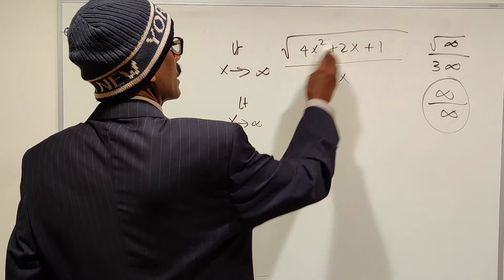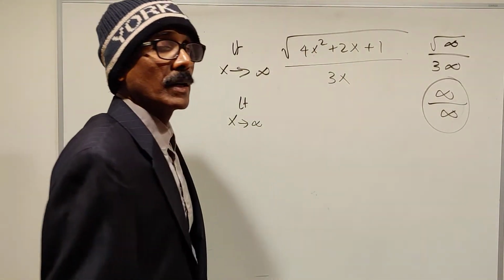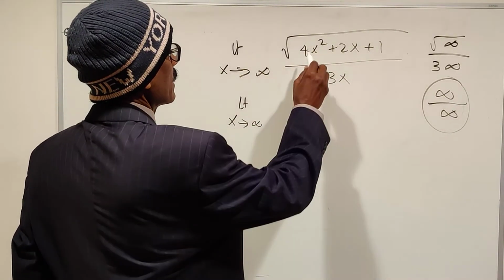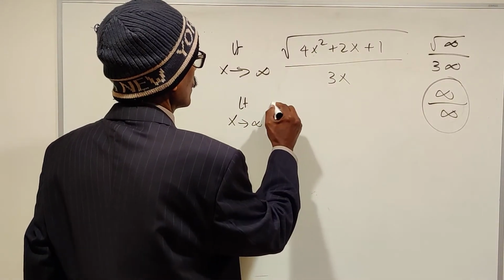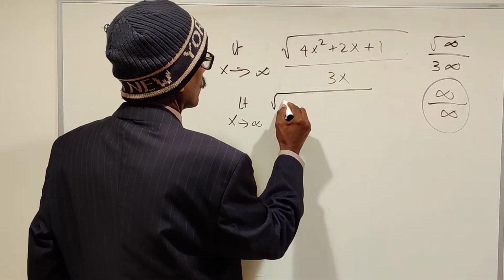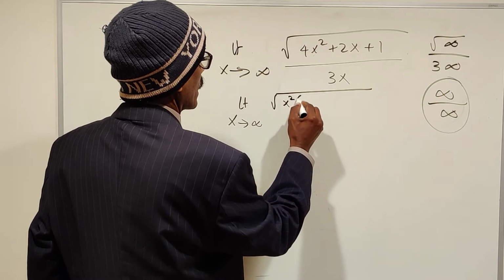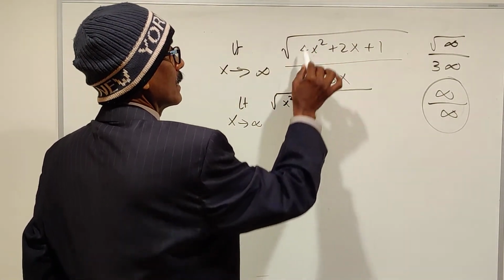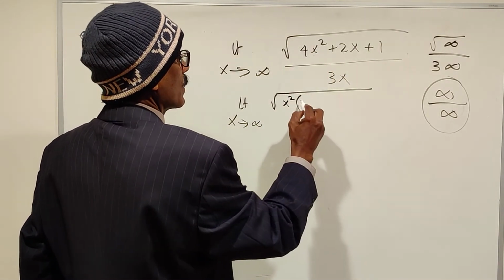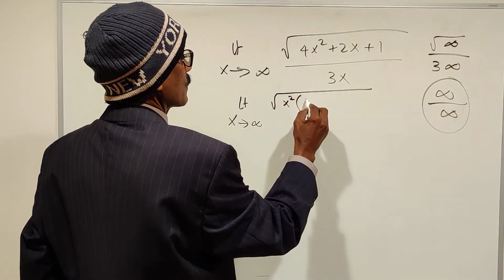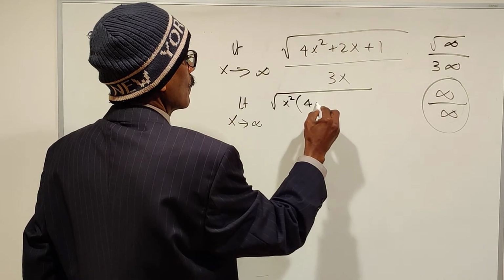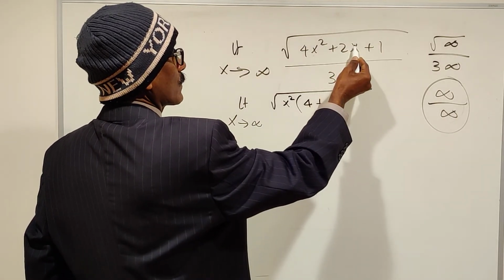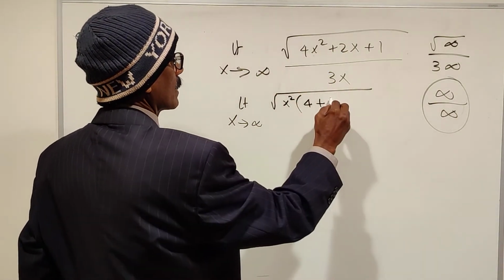That is, take out the maximum power of the variable, that is x to the power 2, x to the power 2 outside. So when you take out x square from this polynomial, what do you get? The leftover is 4 plus, when you take out x square from 2x, what do you get?